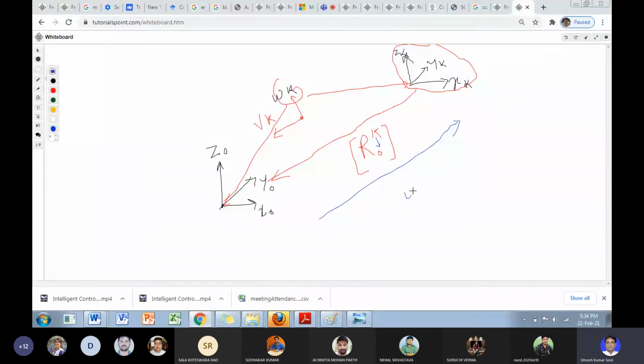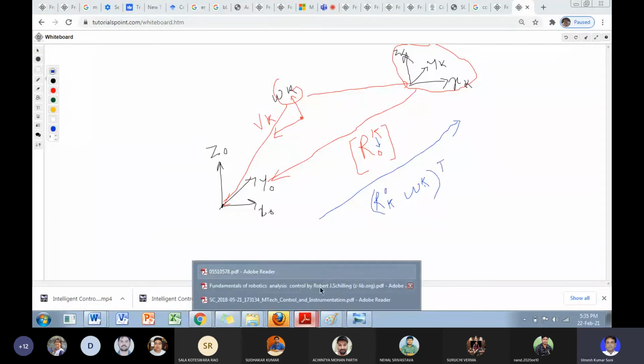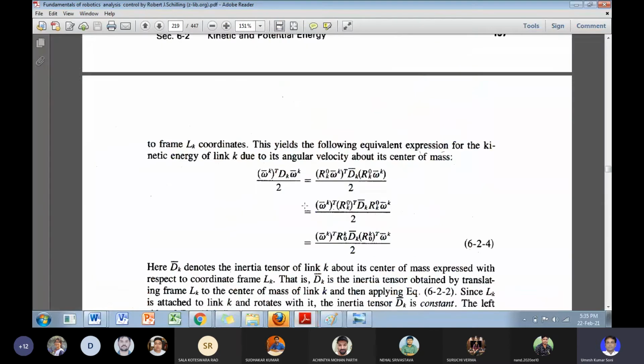Suppose omega k into R 0 to k. This will be representing the transformation matrix.